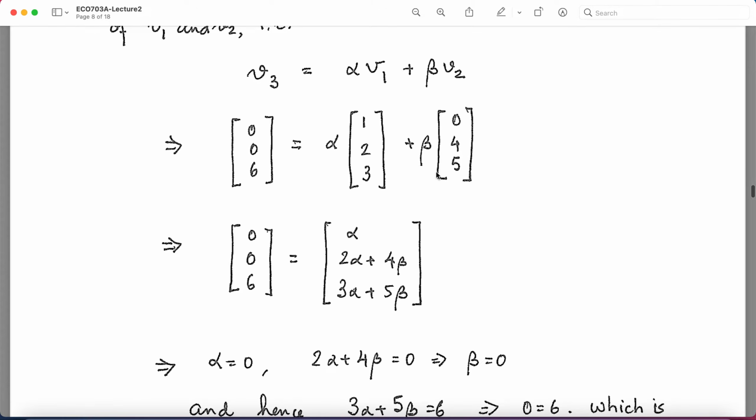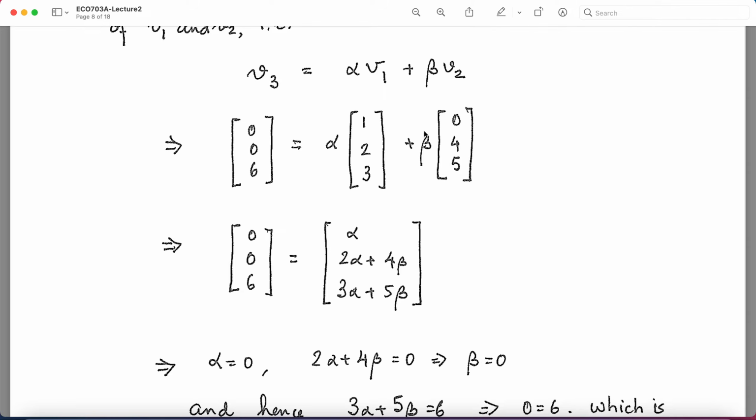Here these are actually linearly independent vectors, but why didn't it give unique alpha, beta for 0 0 6? Because I needed another linearly independent vector with it to give me the unique values of alpha, beta and gamma, right.